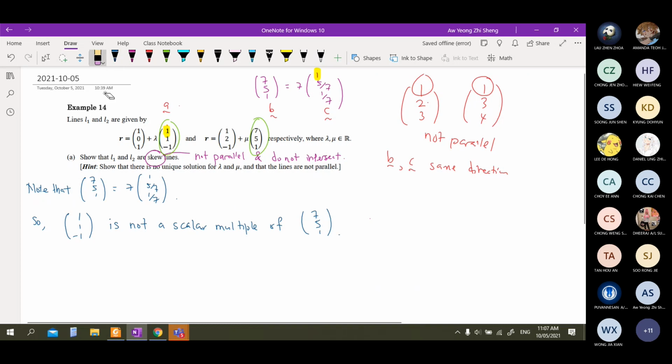Or you can also say it the other way around, it means the same: 7, 5, 1 is not a scalar multiple of 1, 1, minus 1.